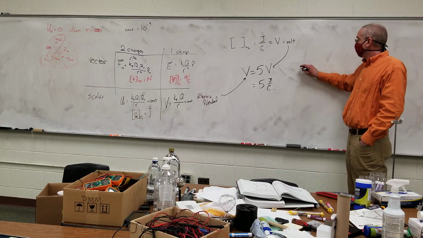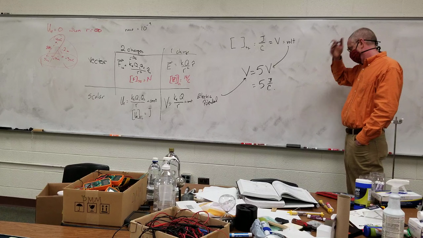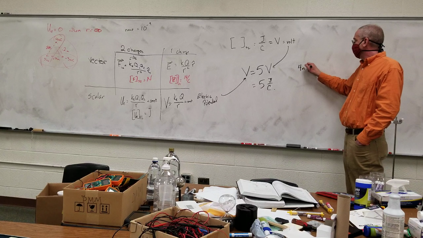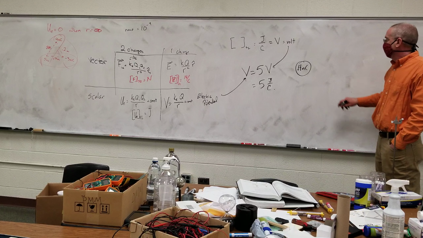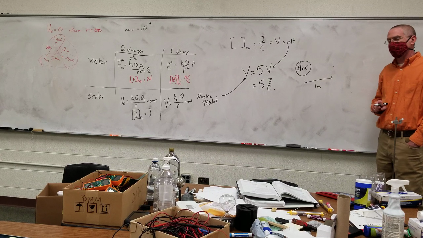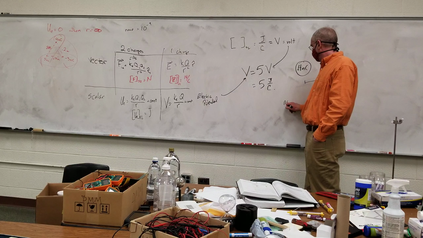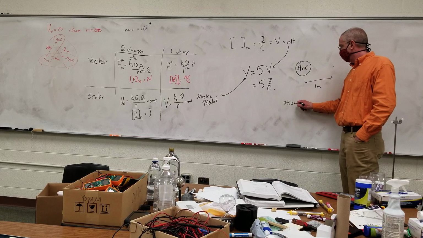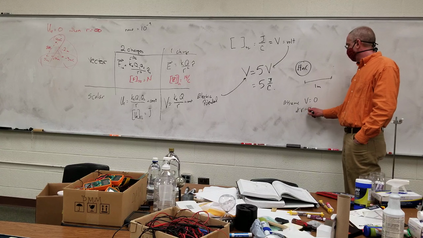All right, so if I've got a positive charge here, and let's make it, I have a 4 nanocoulomb charge. If I am 1 meter away, what is my electric potential? And again, let's assume, for this problem, V is equal to 0 at R equal to infinity.